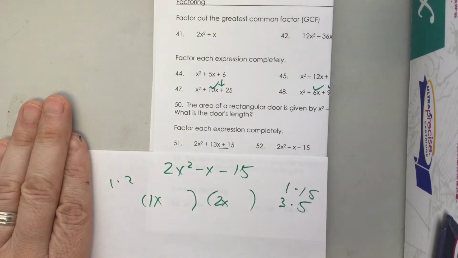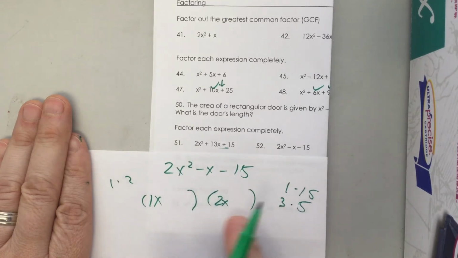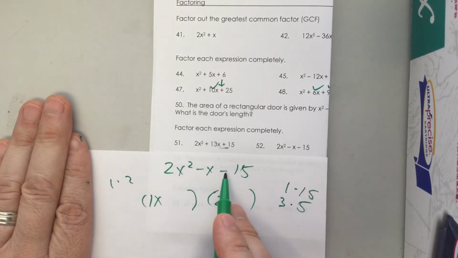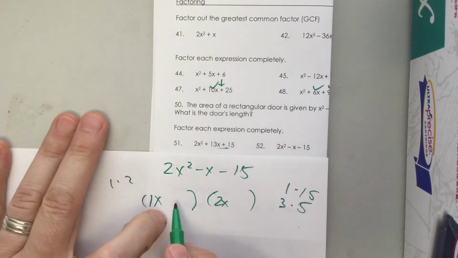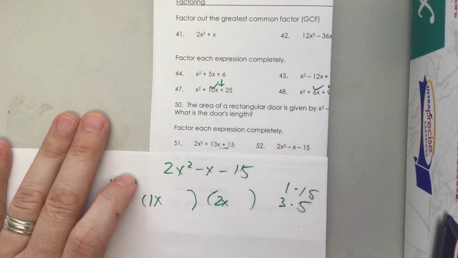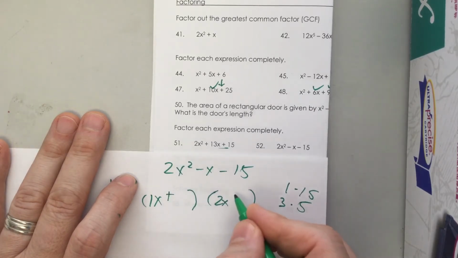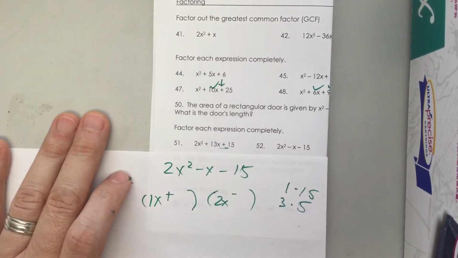Since I only have one option here, I'm going to go ahead and drop these in, 1x and 2x. But how do I get a subtraction thing going on? The only way to get a second term that's minus is if you have a positive somewhere and a negative somewhere. But we don't know where the positive and the negative are going to be. So we just have to do some guess and check. I'm just going to say, well, what if they're here? What happens then? If I'm wrong, I'll change it.